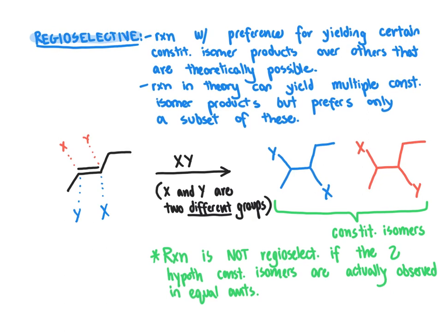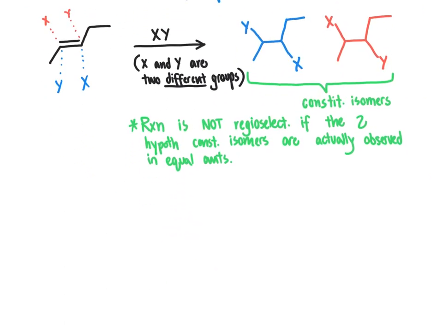On the other hand, if one of these two molecules is present in abundance relative to the other one, in other words, if say 90% of our yield is the product in red and 10% is the product in blue, that would indicate that the reaction is regioselective.